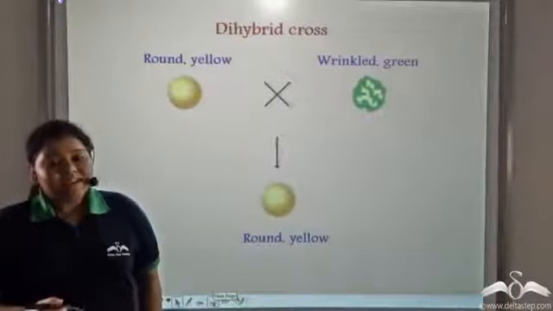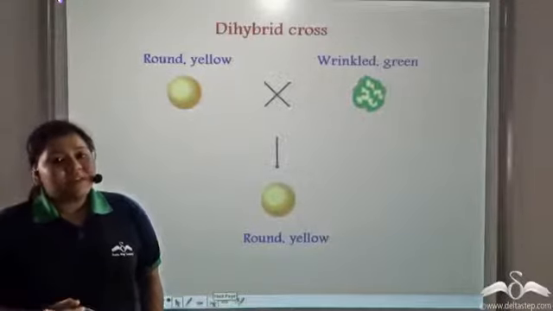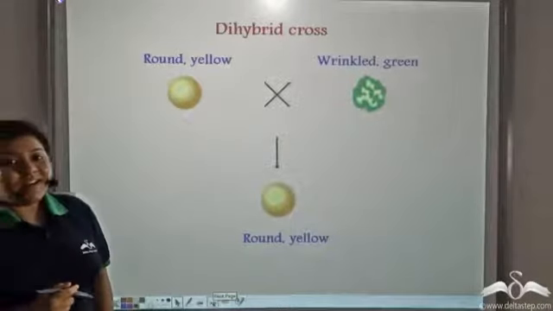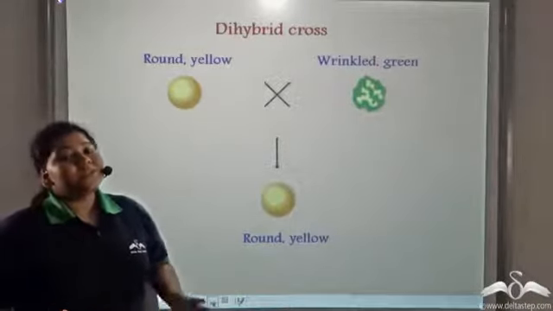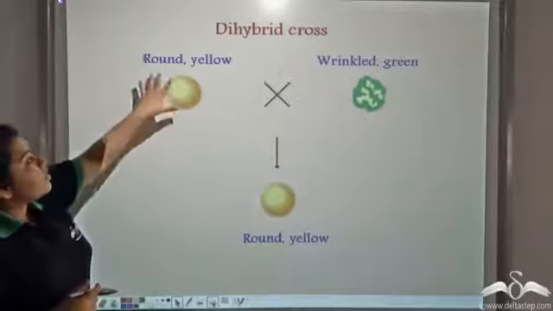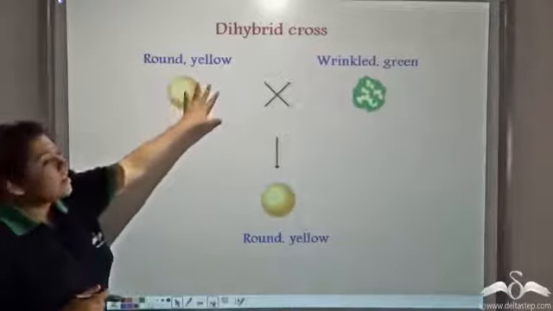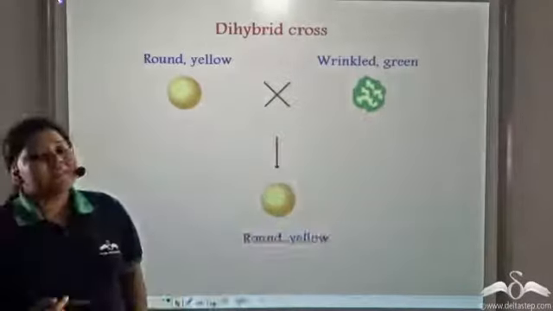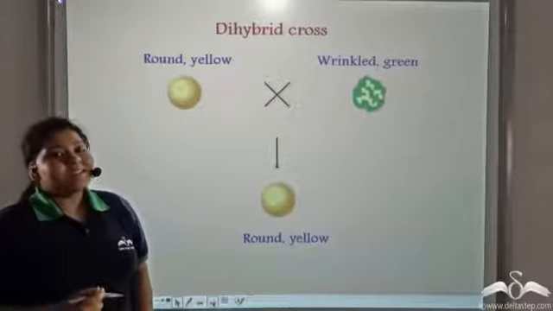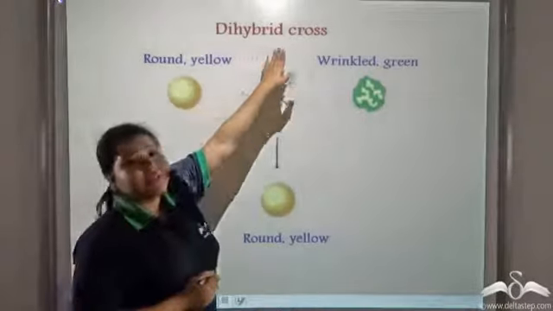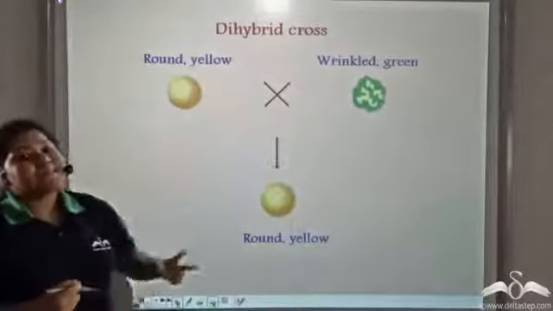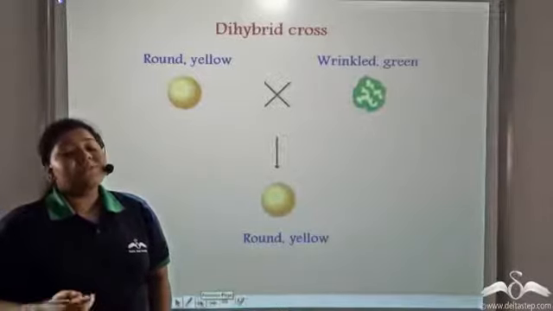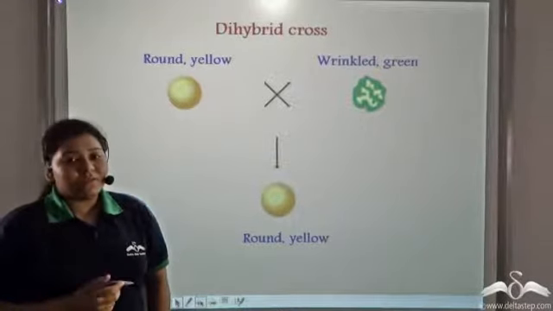This time he studied two varieties of plants with two contrasting traits, that is seed color and seed shape. So he took plants with round and yellow seeds and plants with wrinkled and green seeds and crossed them. This cross is known as the dihybrid cross, where di means two. It is known as the dihybrid cross because two characteristics are involved.